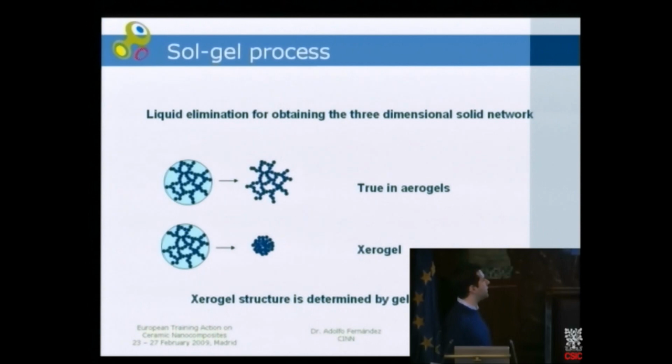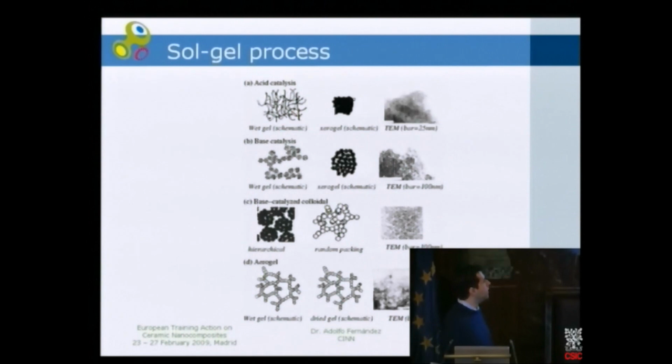In the case of the xerogels, the final structure of the product will be determined by the initial structure, but it is not going to be exactly the same. For example, in this picture, it's possible to see the influence of the type of catalysis, and it's only in the case, as I said before, of the aerogel in which the final structure could be considered more or less the same as the original.